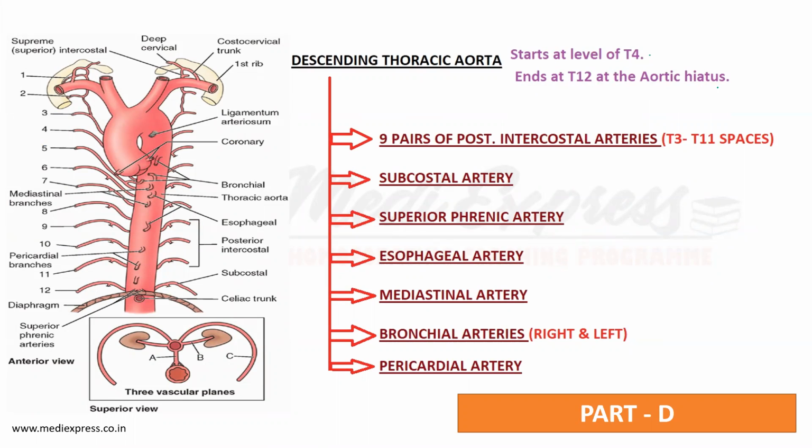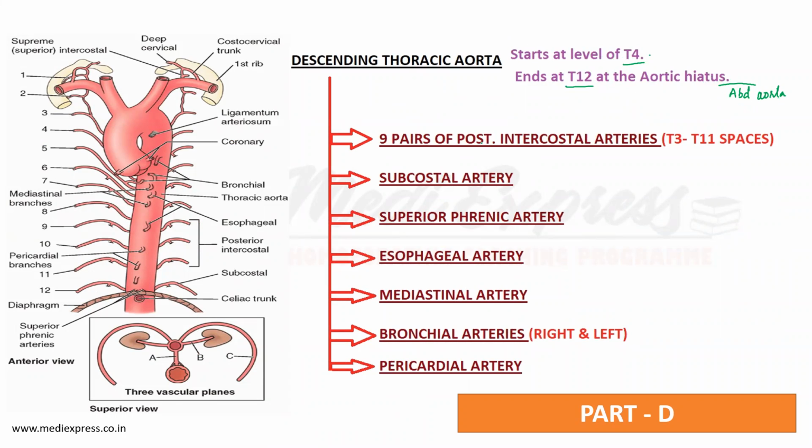Once it leaves through the aortic hiatus, that is at the diaphragm level, we call it the abdominal aorta.